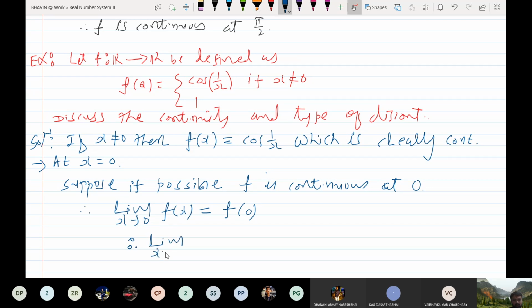Therefore limit x tends to 0 of cos(1/x), what is f(0)? This limit must be equal to 1.